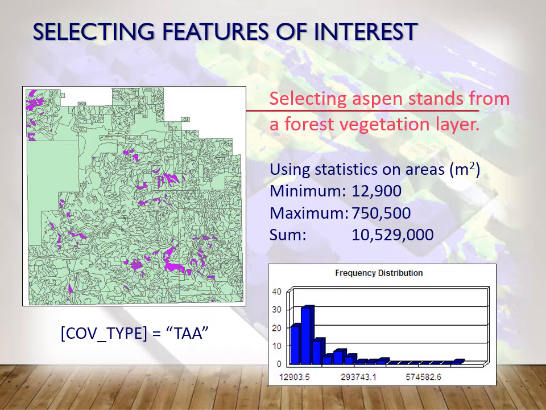Here in the bottom left basically is what a query could look like. Perhaps your coverage type, COV_type, I'm assuming that would be what that field stands for, is only TAA. That must stand for aspen. That's just one example.